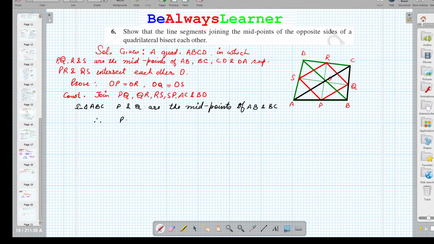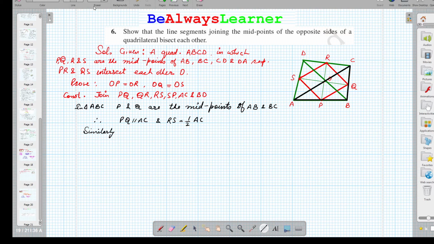So we can write PQ is parallel with AC, and this RS is equal to half of AC, right? So similarly we also consider this RS and AC.